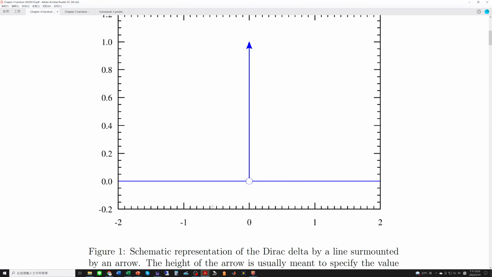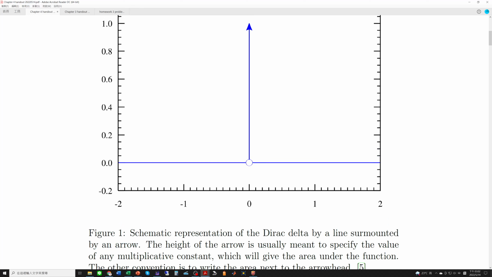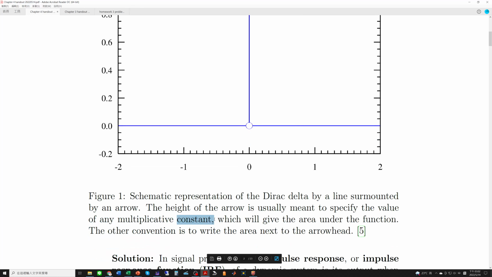Figure 1 shows the schematic representation of the Dirac delta by a line surmounted by an arrow. You can see here a blue line with a circle at 0 and an arrow here. The height of the arrow is usually meant to specify the value of any multiplicative constant which will give the area under the function.